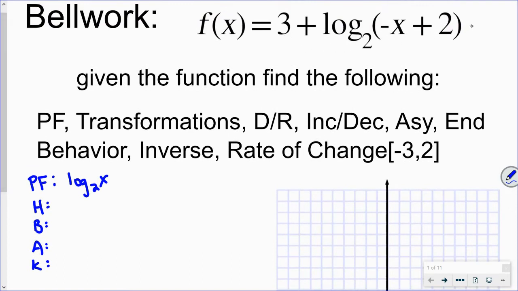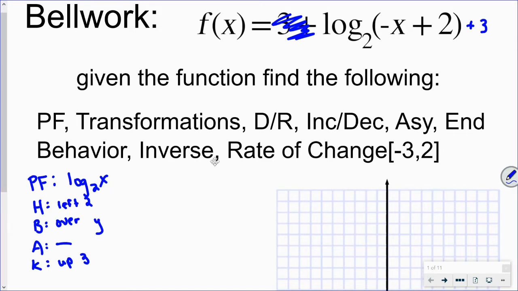If we move the 3 over here, so plus 3, that gives it in the form that we've talked about. So h is going to go left 2. There is a negative in the b spot, so that would be over the y-axis. There is no a out front, and then your k out here will go up 3.